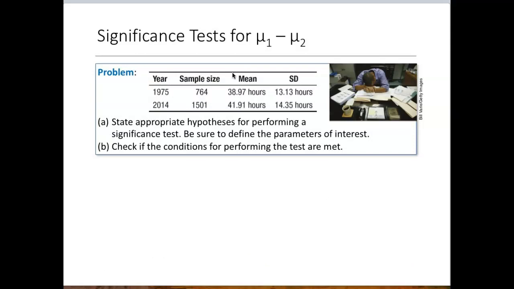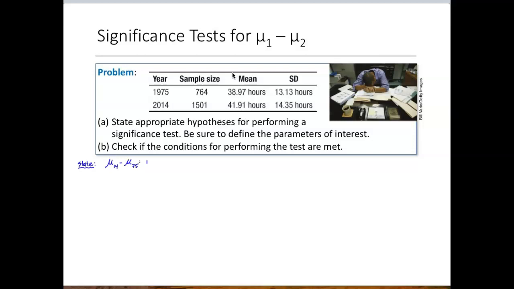All right, so let's go with state. And our parameter of interest is, I'm going to abbreviate this, mu 14 minus mu 75, meaning the mean of 2014 minus the mean of 1975.